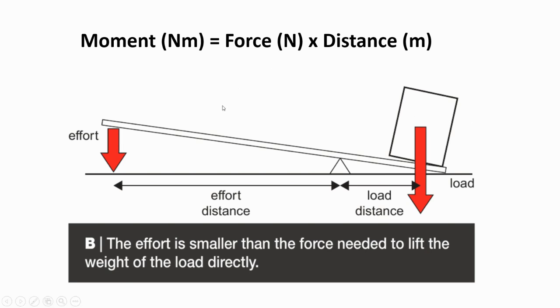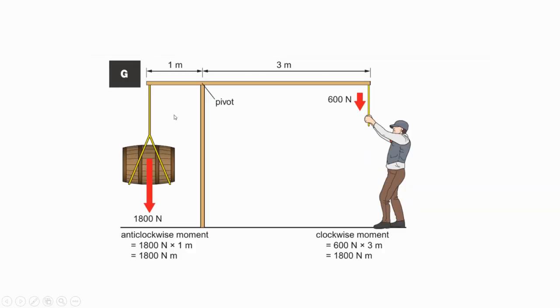We can also use the idea of turning forces or moments to work out whether scenarios will be balanced. In this scenario, we have a heavy barrel suspended from a beam. Without the downward force from the person on the right, the barrel would come crashing down.